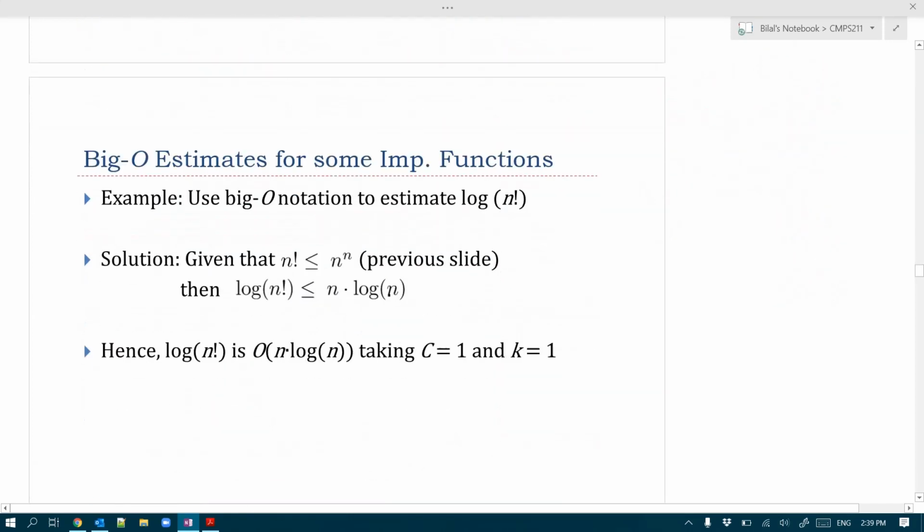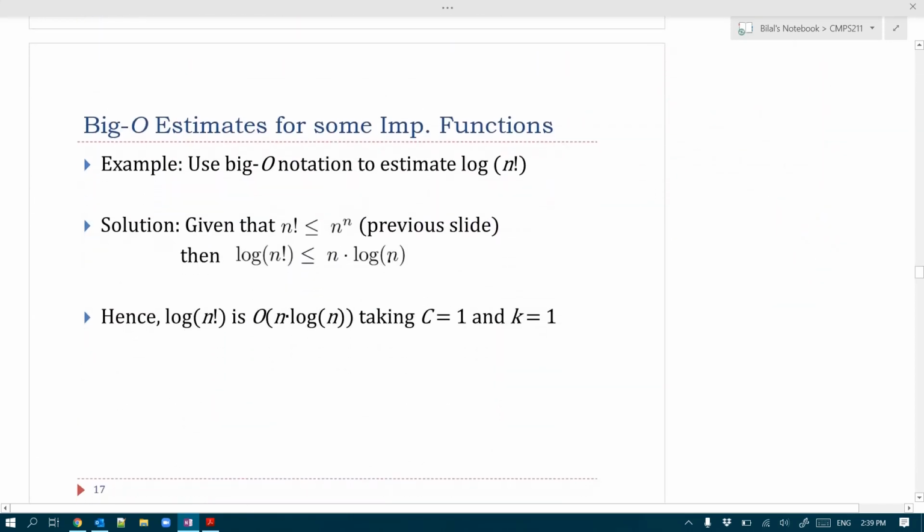Another couple of important functions. We can also estimate the log of factorial of n, because we know that for c and k equal to 1, this is always true for every n greater than k. We can take the log of both sides, and the log of n to the power n is equal to n times log of n.